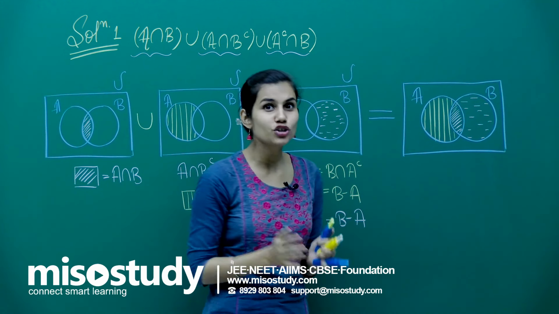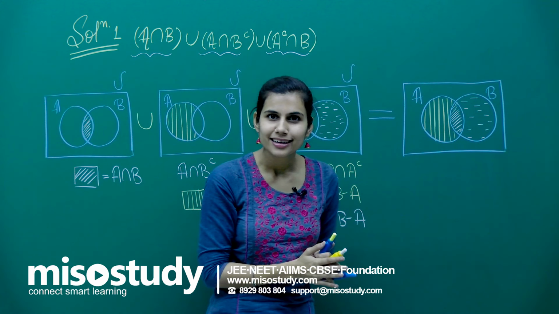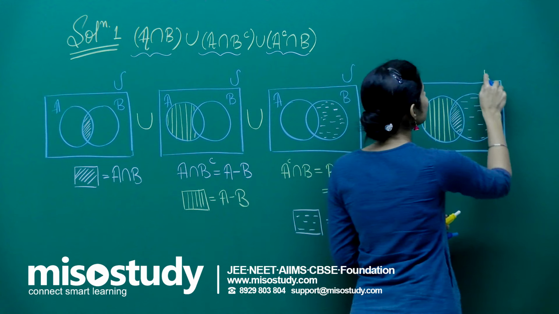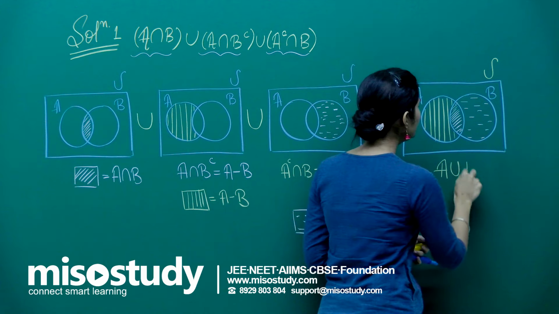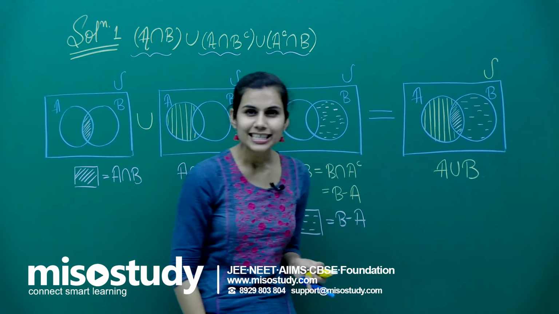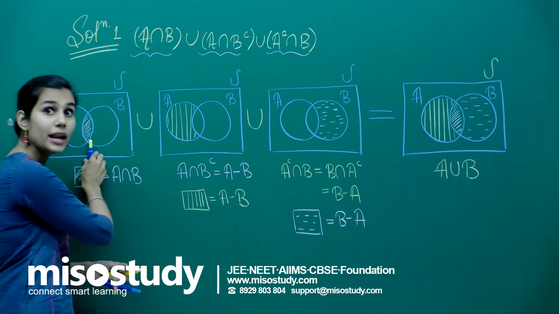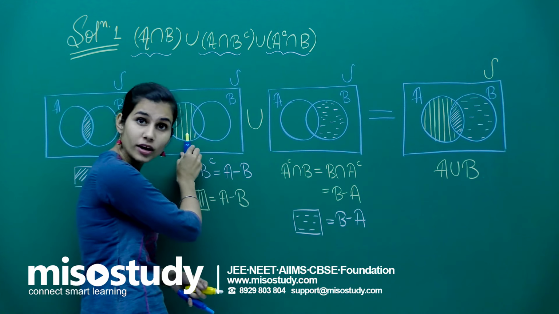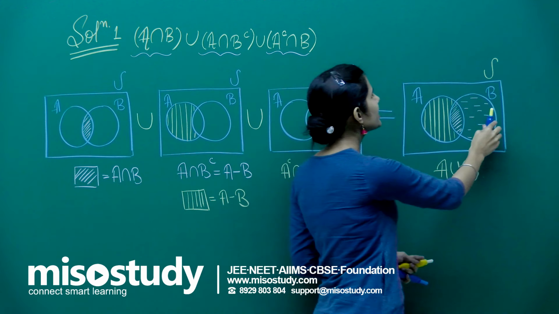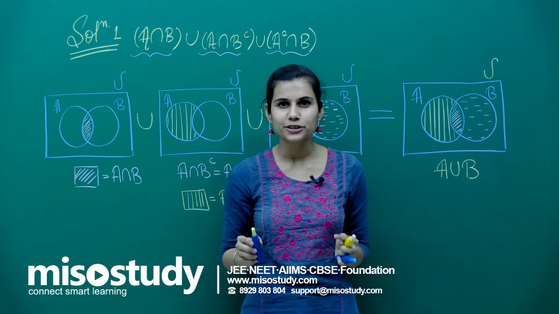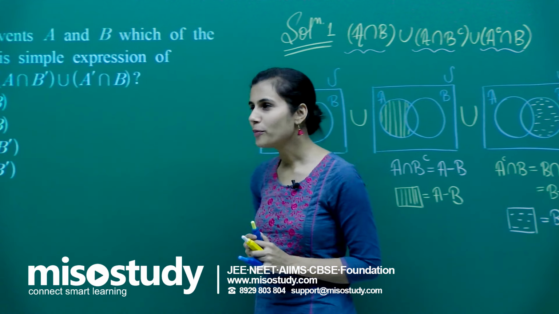Isn't this the collection of all the members which are sitting in either A or B? This, my friends, is the very Venn diagram of A union B. This means if I collect all the members in the intersection, plus all the members sitting purely in A, plus all the members sitting purely in B, I am going to get all the members of A and B including the intersection. Let's see if this option is there in the four options.